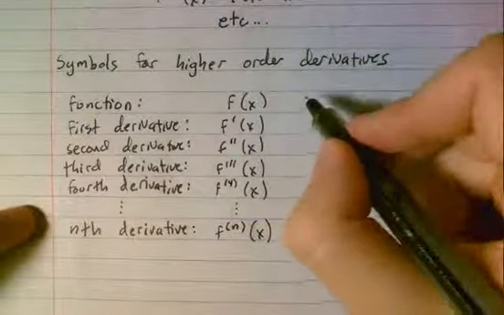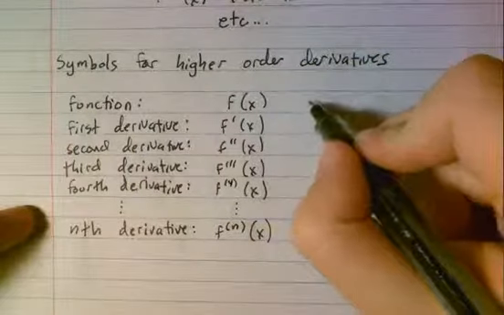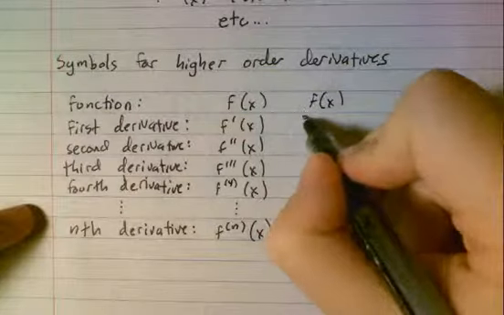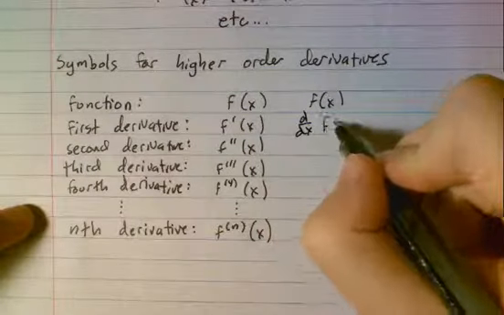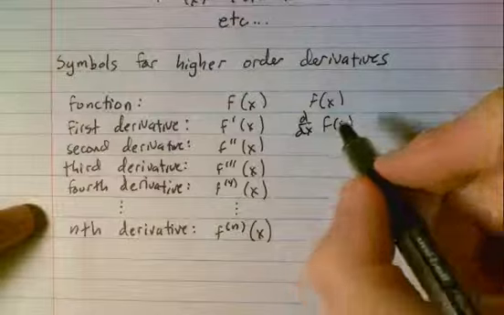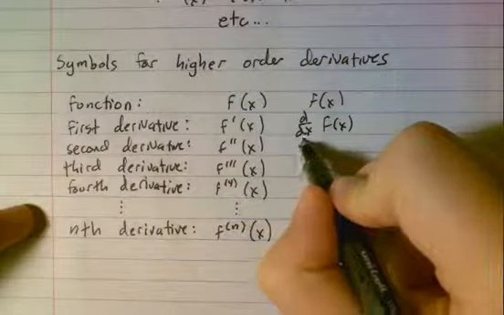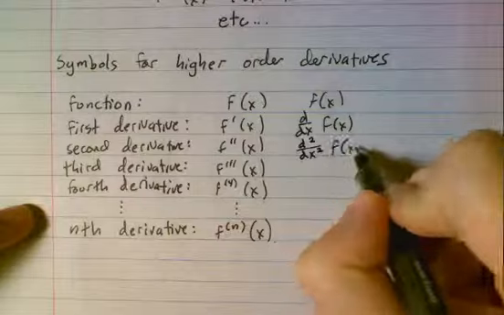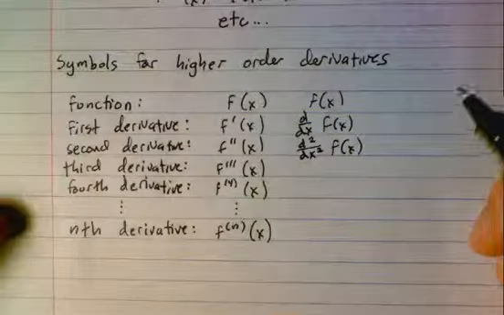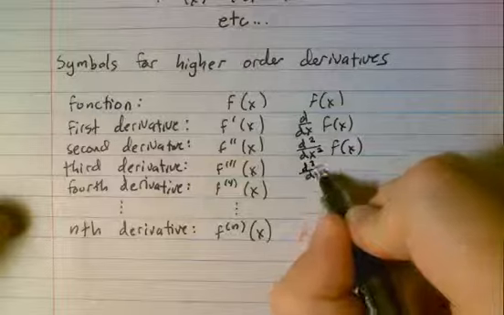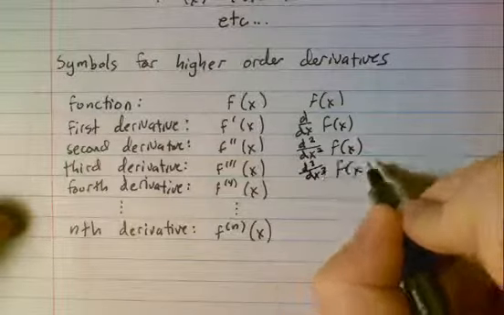We can also write it like this: f of x, and then the derivative of f of x. And then the second derivative notation here is a little bit funky. It's d squared over dx squared of f of x, and then d to the 3rd over dx cubed of f of x.